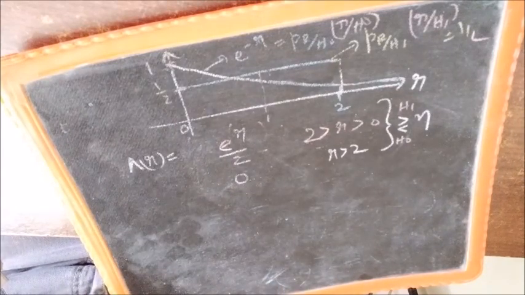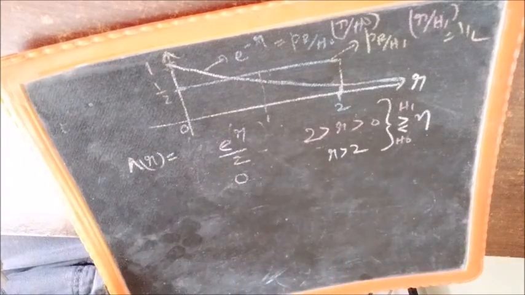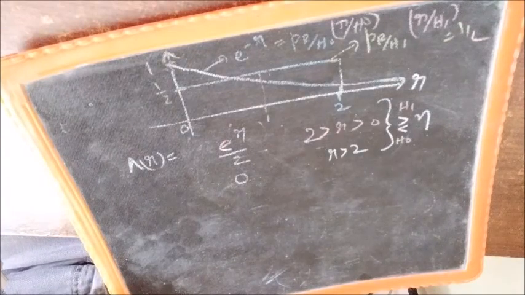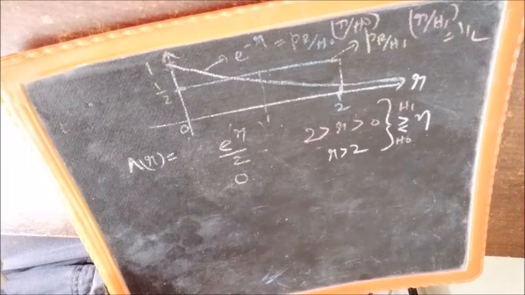If that happens to be between 0 and 2, you substitute that r in this and compare it with eta. If it is more than eta, you declare H1. Otherwise, you declare H0. Whereas if you receive something more than 2, you will be forced to compare 0 with eta.